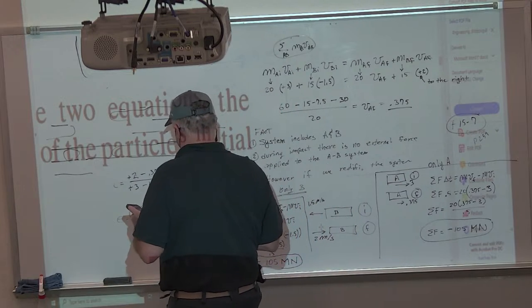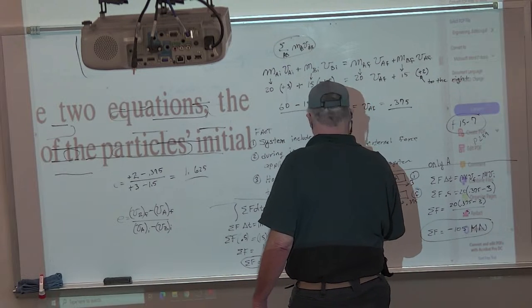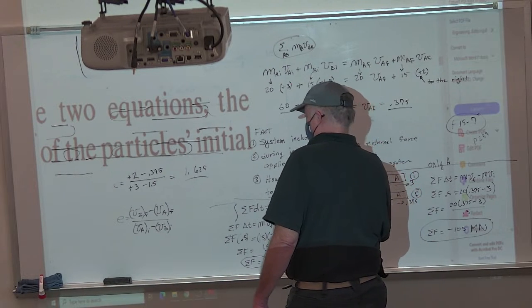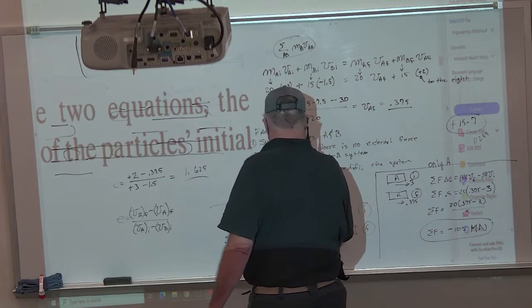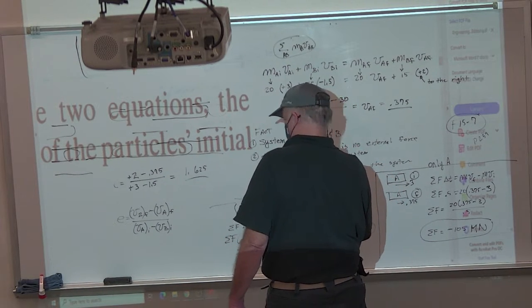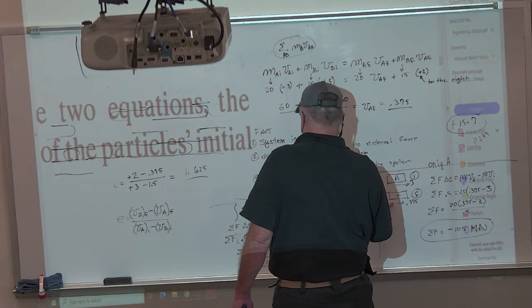And so I got this wrong. Something's wrong here. Okay. B final, A final, 0.375.